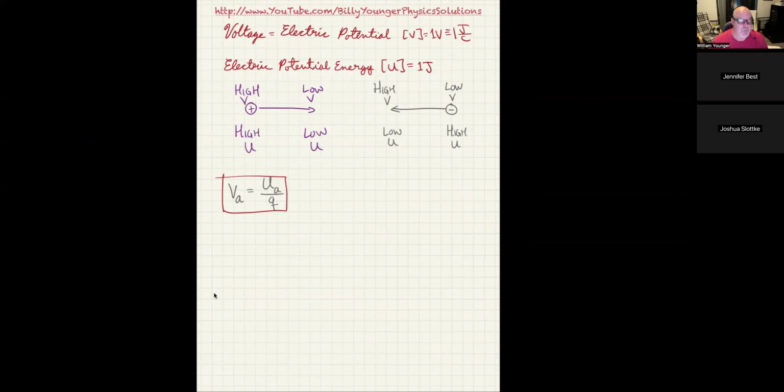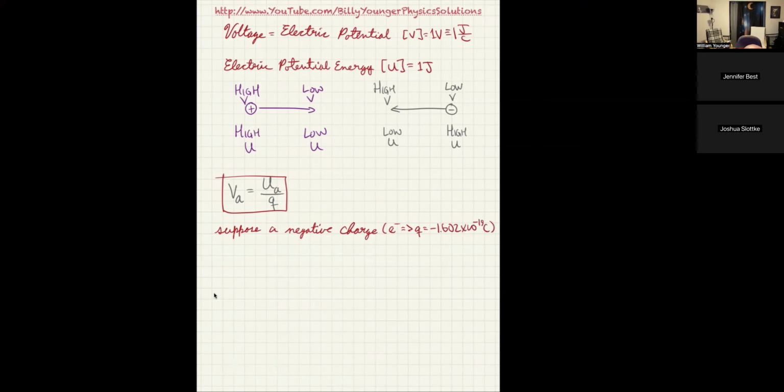So for instance, you say, suppose a negative charge, let's say E minus, which has a charge Q equal negative 1.602 times 10 to the negative 19th coulombs.